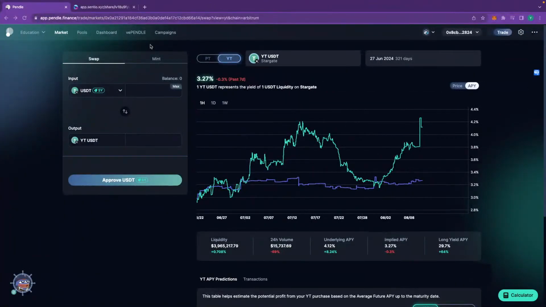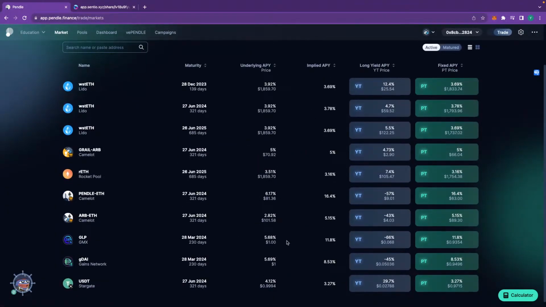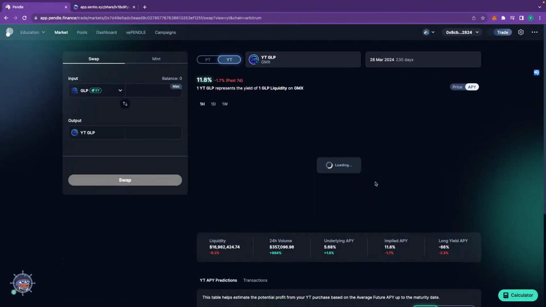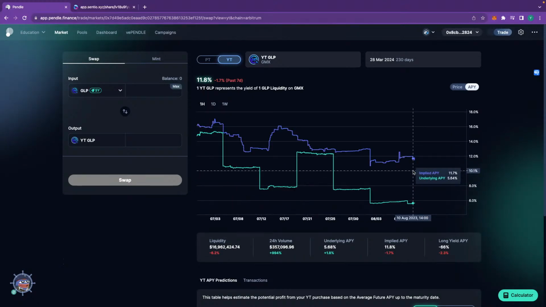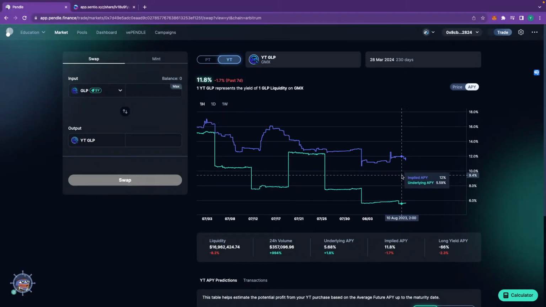Next one, GLP, the very popular market. In the long term, I'm pretty neutral about the direction for GLP YT because we are still very early in the launch of GMX V2. We are not exactly sure how the new pool will affect APY in the GLP pool yet.